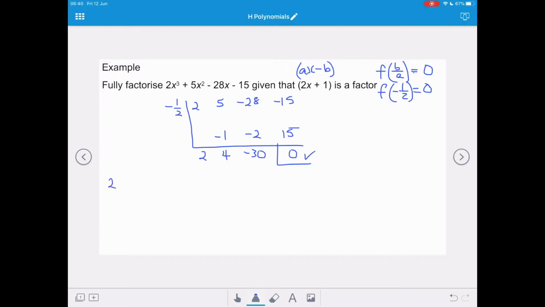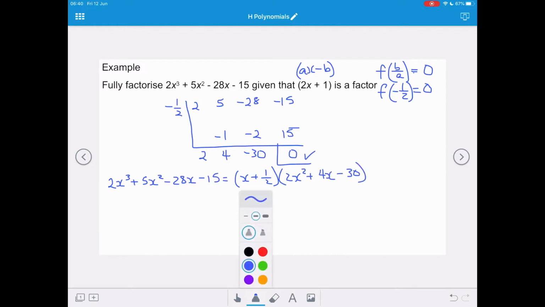So we're going to rewrite our function in terms of the factor and its quotient. So 2x cubed plus 5x squared minus 28x minus 15 is going to equal x plus a half upon 2x squared plus 4x minus 30.